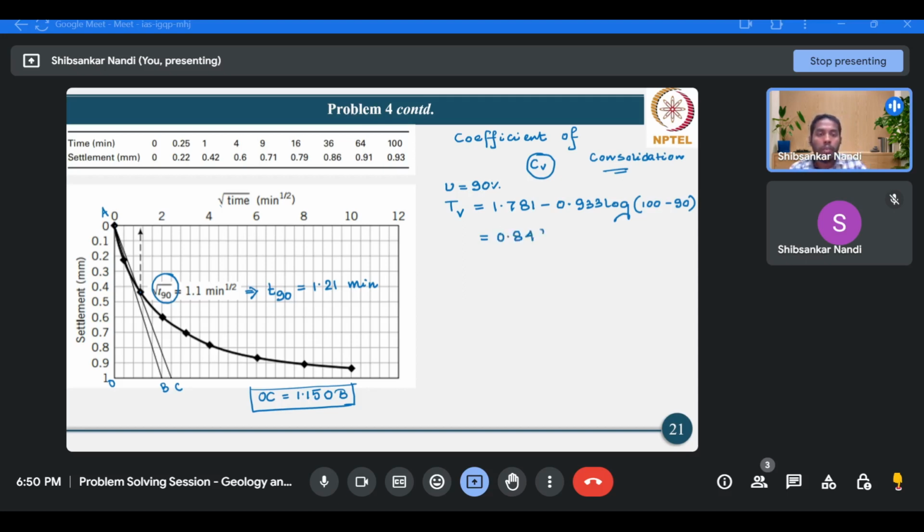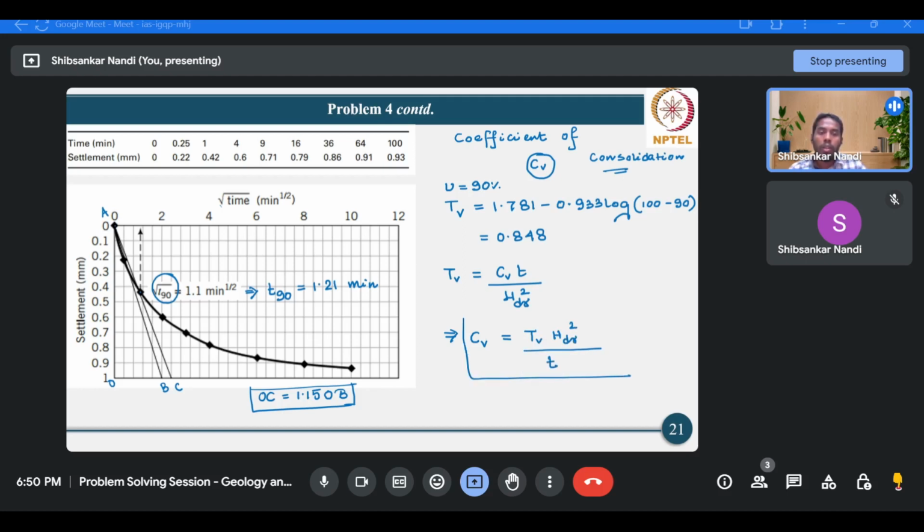So if Tv is 0.848, we can utilize this equation, Tv equals Cv t divided by Hdr square. From this equation we can calculate the Cv value as Tv Hdr square divided by t.